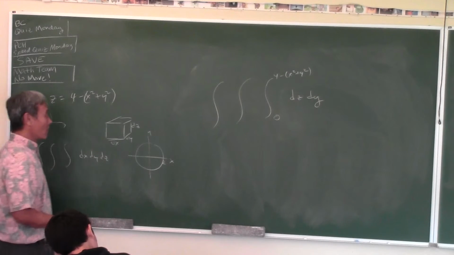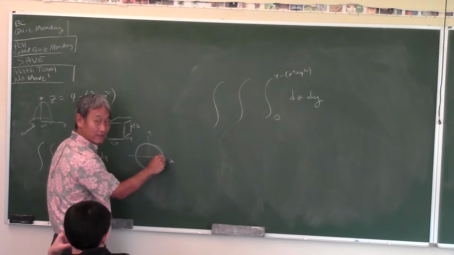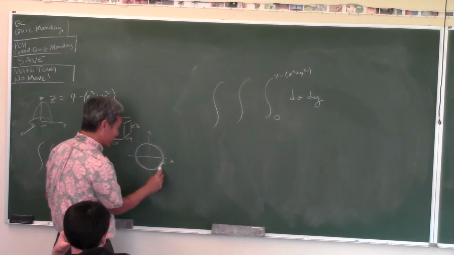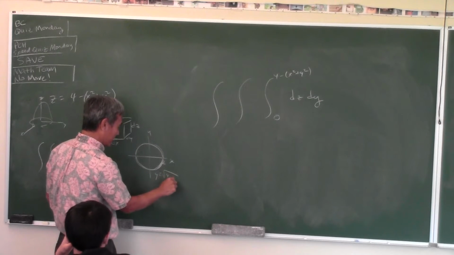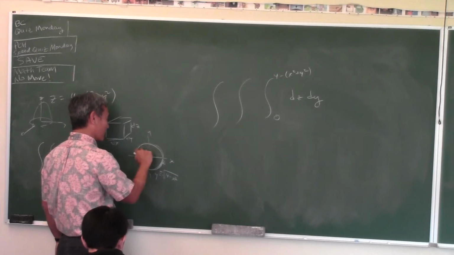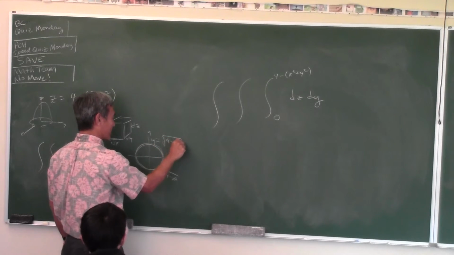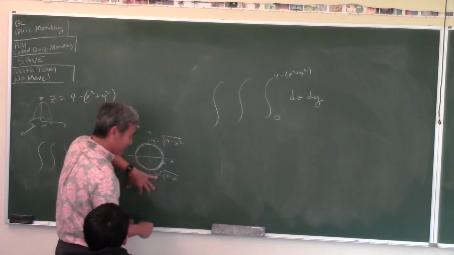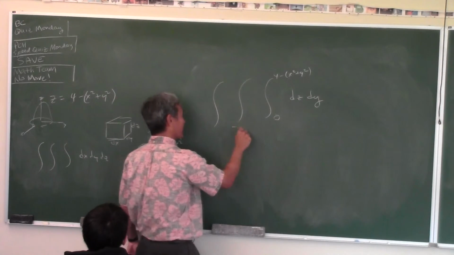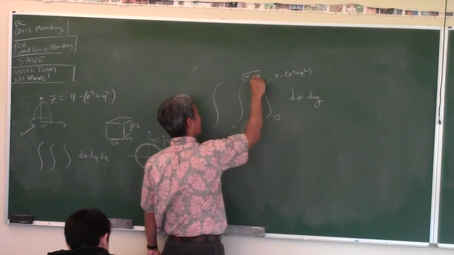So y is going to go from this to that. What's the equation of this? y equals negative root 4 minus x squared, and this one is y equals positive root 4 minus x squared. So your limits for y are negative root 4 minus x squared to root 4 minus x squared.